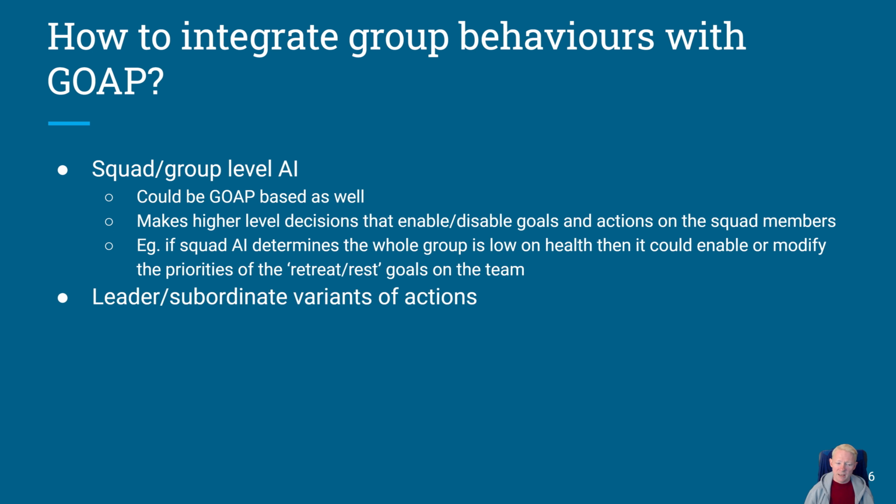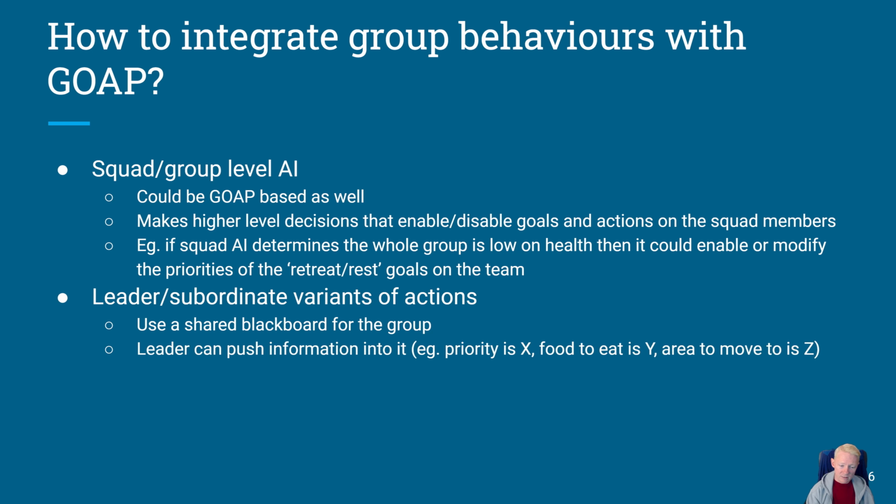The other option is having sort of leader or subordinate variants with the actions, or at least customizations. So this sort of fits for where you have an AI that's directing the other members of the group. What we'd often do with something like this is have a bit of a shared blackboard, and that leader is pushing information into it in terms of additional priorities, things like that.